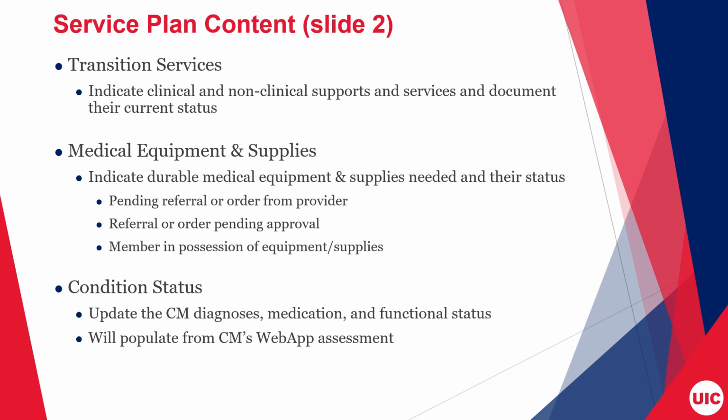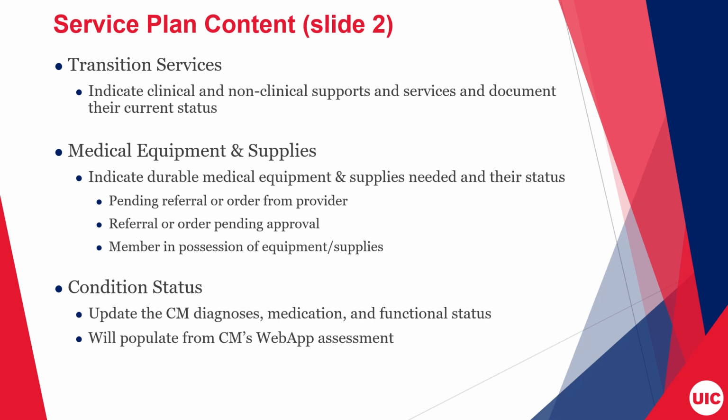Transition services indicate clinical and non-clinical supports and services and document their current status. Medical equipment and supplies: class member indicate durable medical equipment and supply needs and their status. Pending referral, order from provider, referral order pending approval, member in possession of the equipment. Condition status: update the class member diagnosis, medication, and functional status.